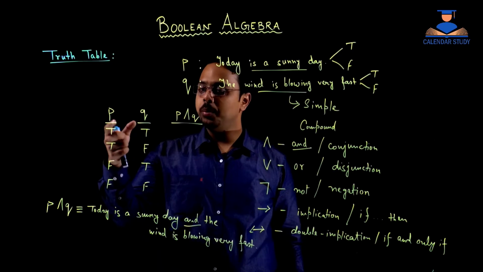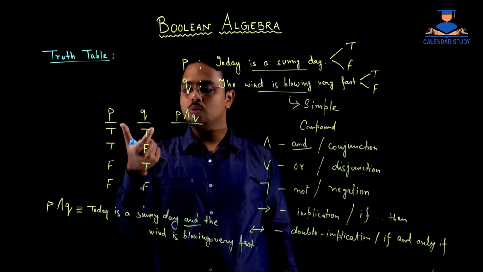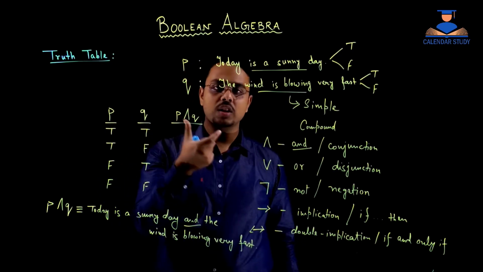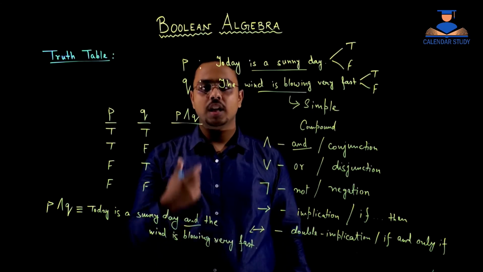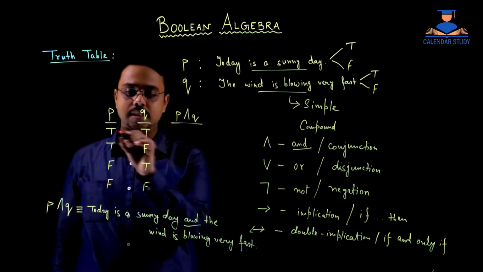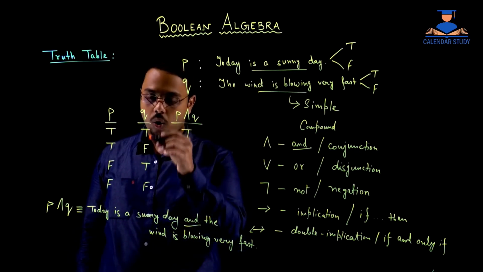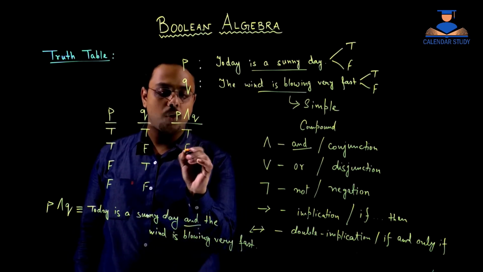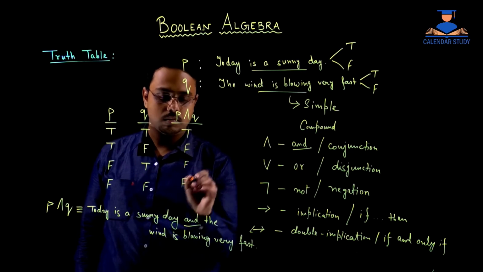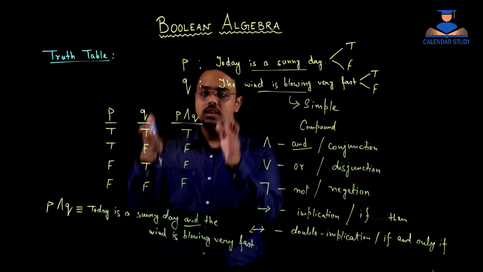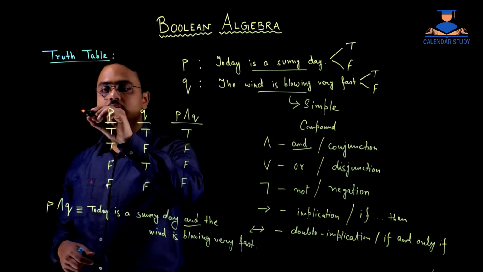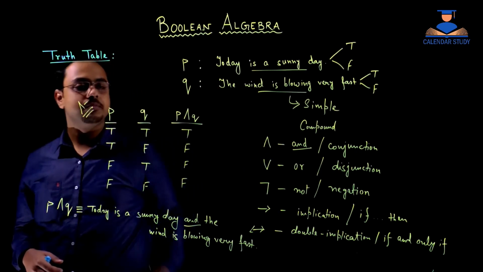That means when P and Q both have true values, then only does the AND connective give us a true value. That is, in this case, the first one is true for us and all the rest are false. Okay, so this is the truth table for the AND connective.